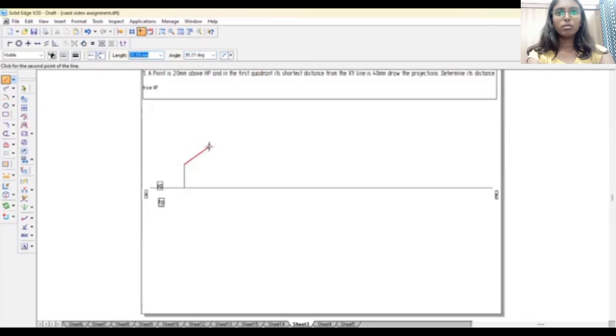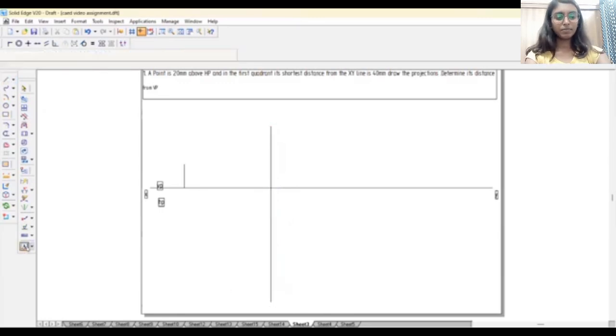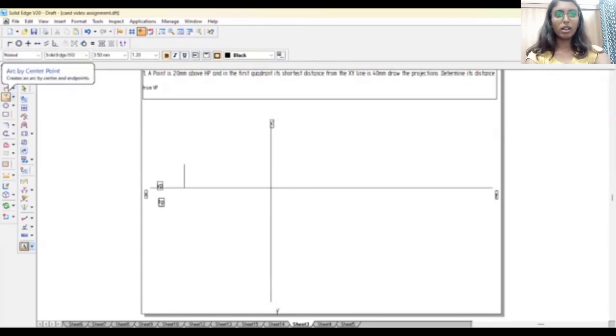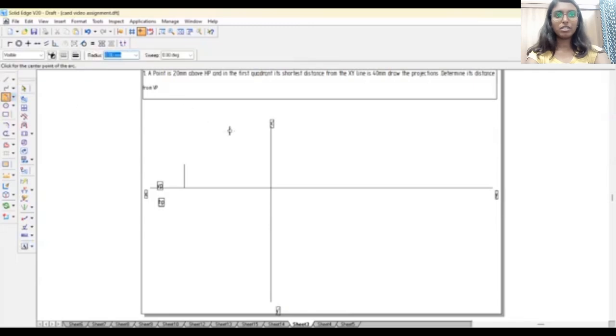Now go to HP, select a point and go to select 0.3 mm of XY and give 20 mm and 90 degrees. And go to line option, then select 0.13 and take a reference line and draw to your right.